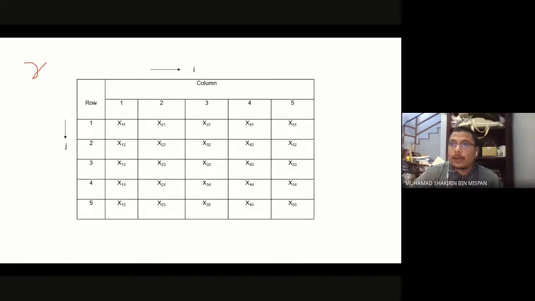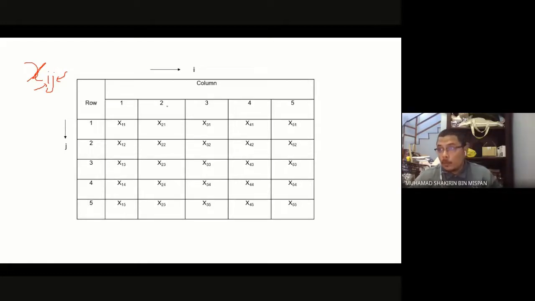So let's say you have xij. You need to know that xij means x number 1 and j number 1, for instance. So what's the position of i, what's the position of j.